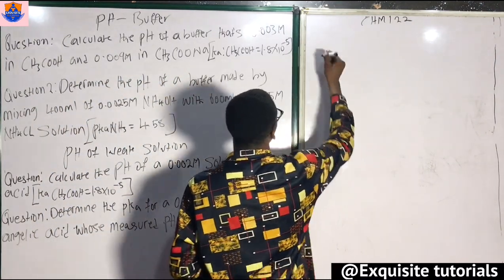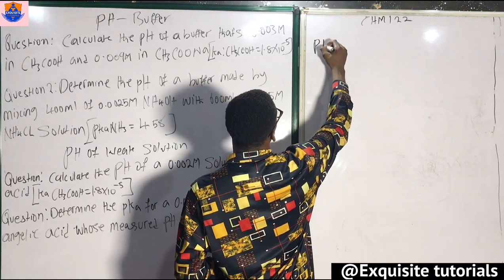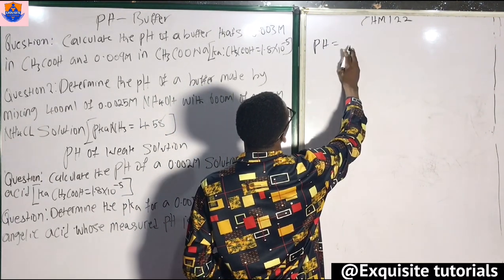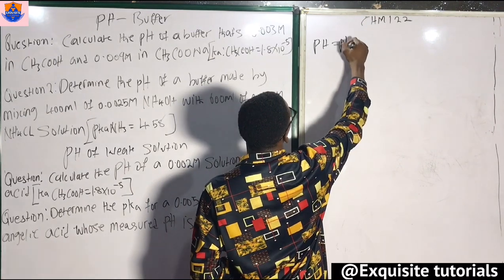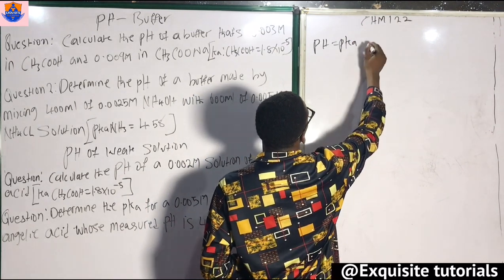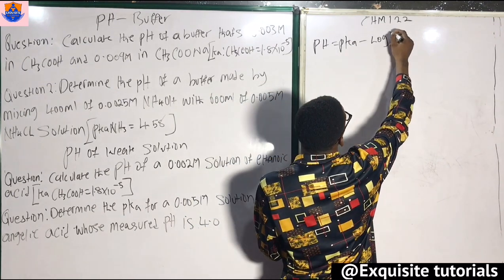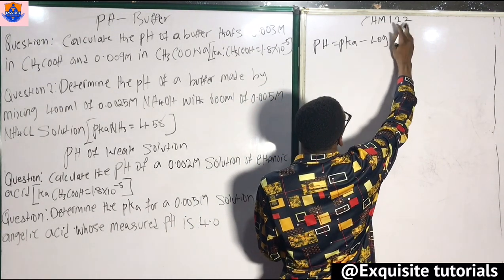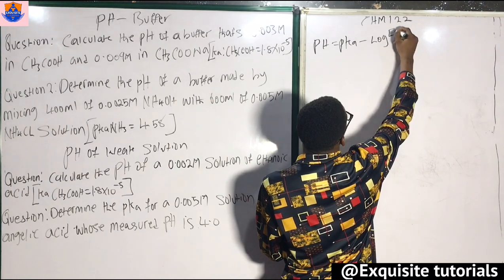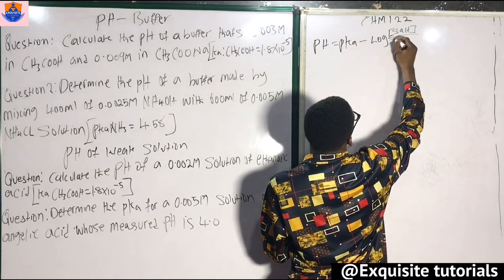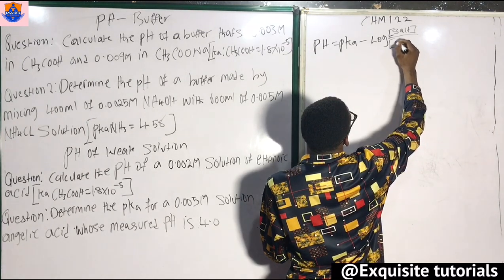First of all, pH is equal to pKa minus log concentration of salt over the concentration of acid.